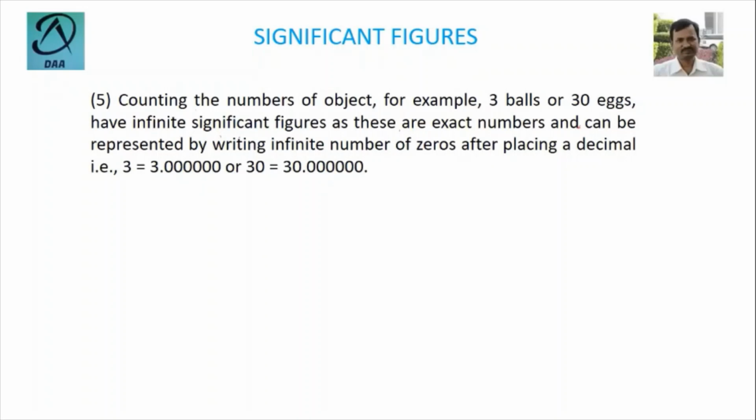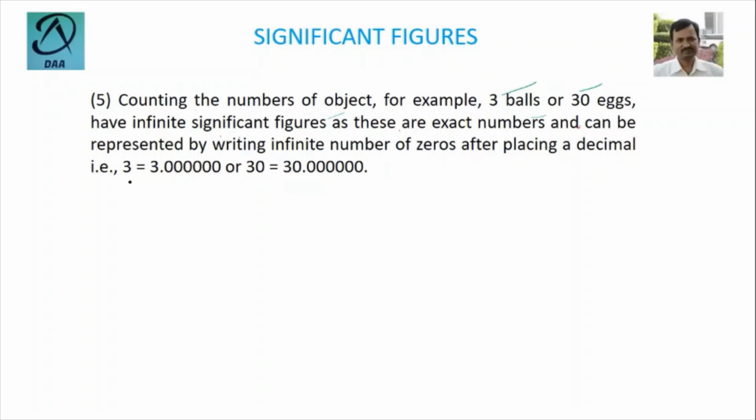Now number 5: counting the number of objects. When we count the number of objects, for example 3 balls, 30 eggs, etc., it will have an infinite number of significant figures, as these are exact numbers and can be represented by writing an infinite number of zeros after placing a decimal point.